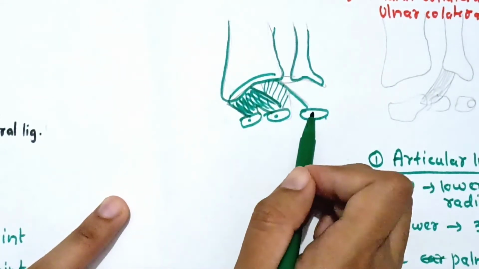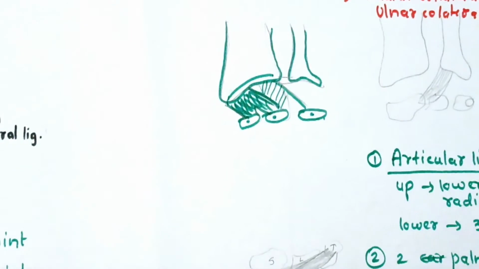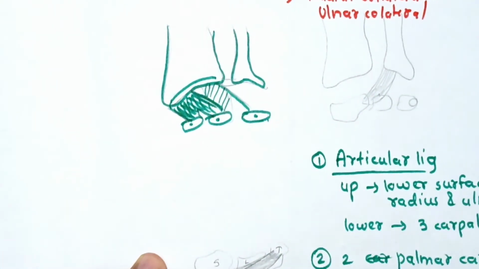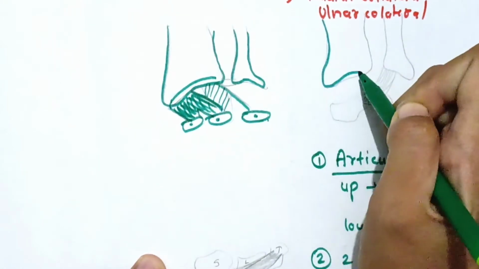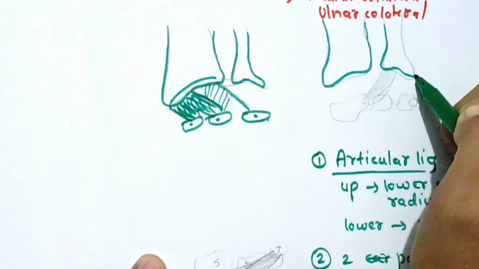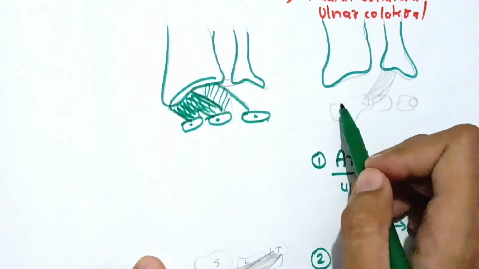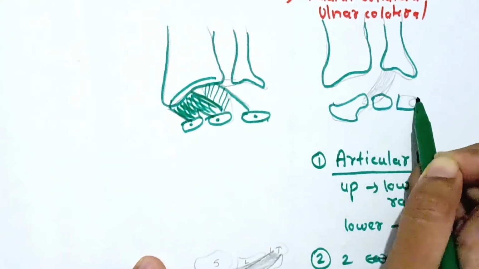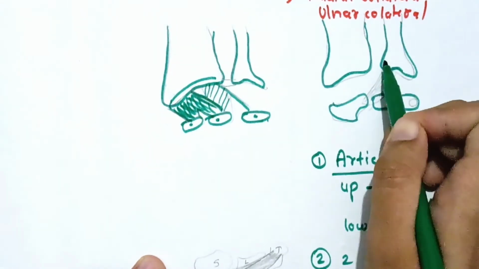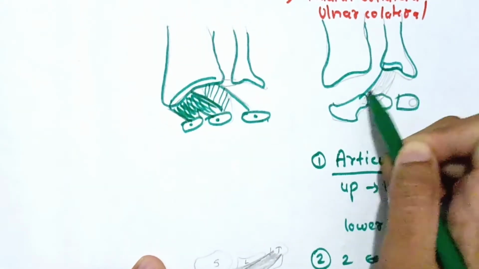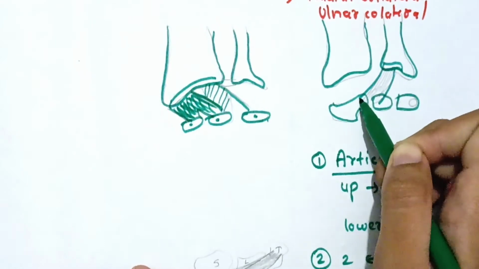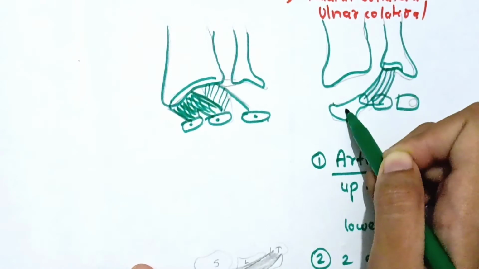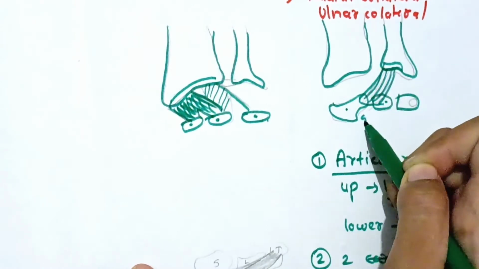Then we have the palmar ulnocarpal. Again these are the 3 carpal bones, originating from the lower margin of the ulna and inserting on only 2, not all 3, only the scaphoid and lunate.